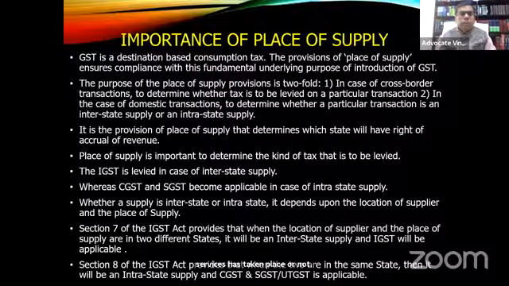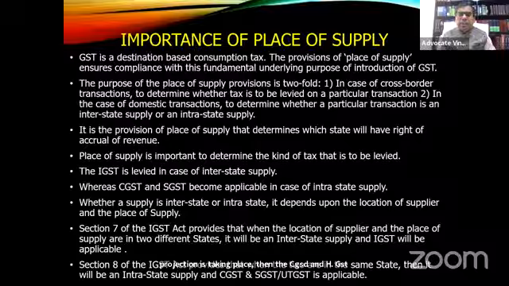So let us now have a look at the very fundamental aspects of the place of supply, because it determines what kind of tax will be levied. We know that in the GST, if the transaction is an intra-state transaction, that is, the transaction has taken place within the state, then the CGST and SGST become applicable.